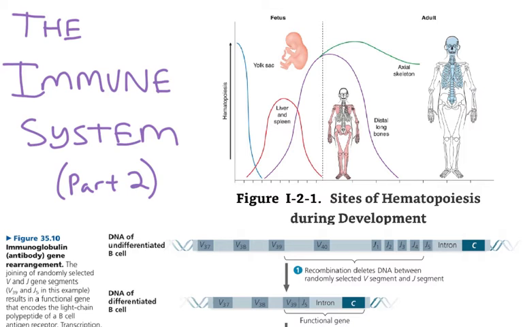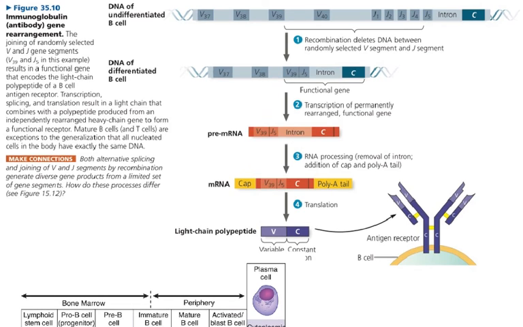So that's where hematopoiesis occurs, but how do these B cells and T cells get so much diversity that they can bind specifically to basically any pathogen that just happens along our bodies? Well, this process is actually pretty cool. There is a protein complex called recombinase, made from the genes RAG1 and RAG2, and this recombinase will go into the DNA and cut it up and rearrange it.